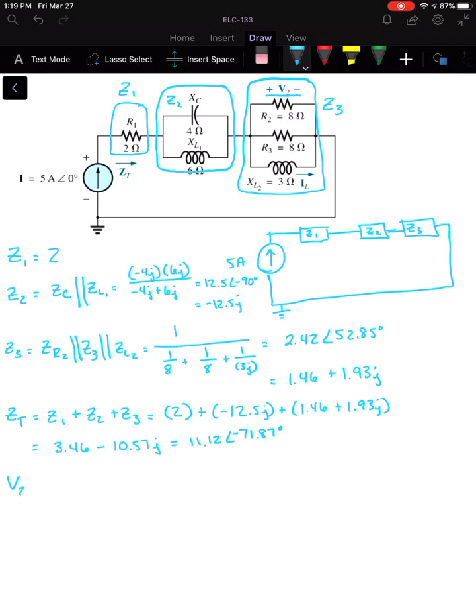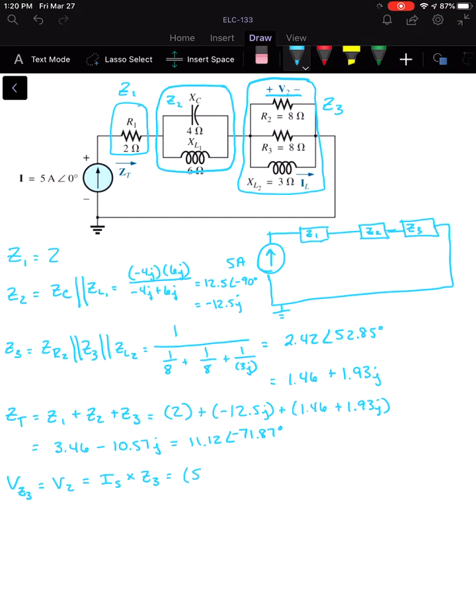So to find V of Z3, which is V2, that's what we're looking for, we could take our source current and multiply by Z3. We could also do the voltage divider rule if you wanted to do it that way. It would just be Z3 over ZT times, actually we don't have our total voltage, do we? We'd have to find that first. So let's continue this way.